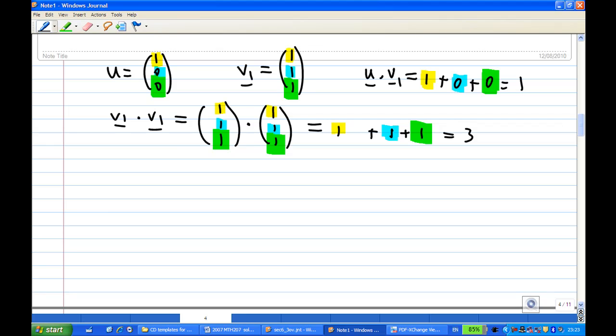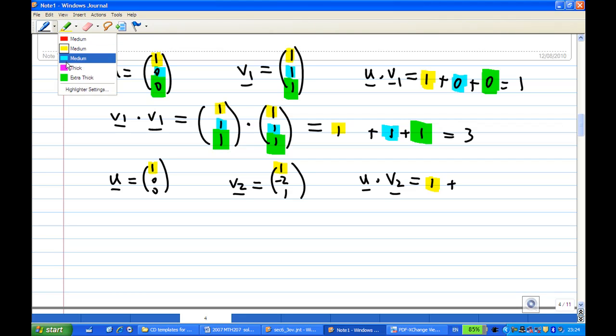Then we also need to do U dot V2. U is (1, 0, 0) and V2 is (1, -2, 1). So U dot V2 is 1 times 1, you get 1, and the rest are 0 as before.